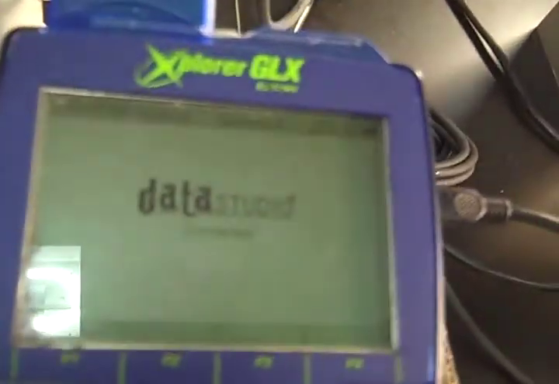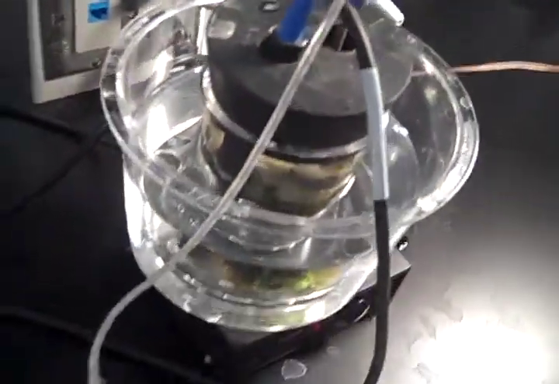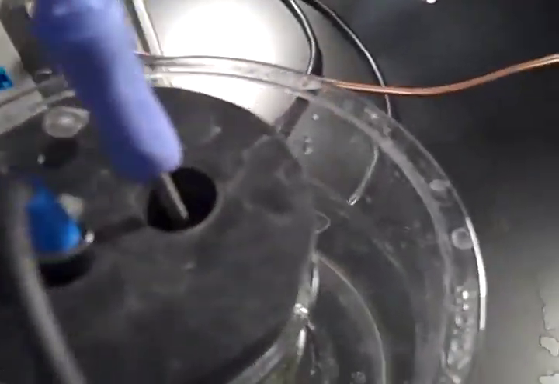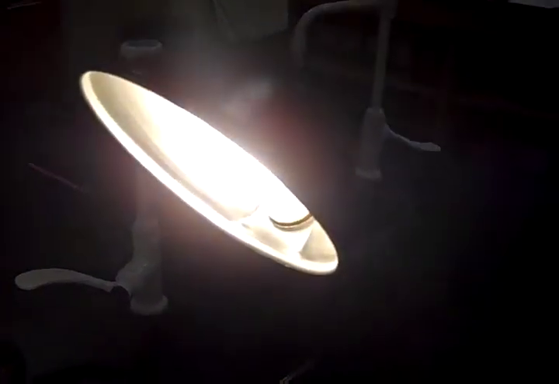This is a GLX, which measures the dissolved oxygen and temperature. This is a temperature probe, dissolved oxygen probe. And that is the Alodia plant inside of water. And that's a really strong lamp.